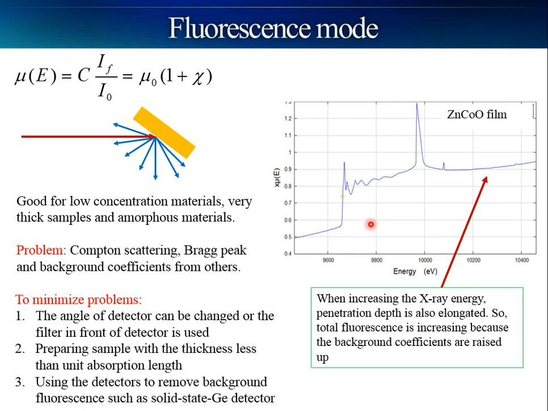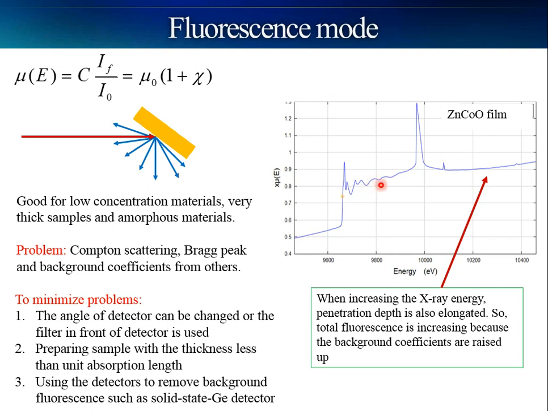This is the fluorescence zinc oxide cobalt SAFS. In contrast to transmission mode, the X-ray signal increases with energy, because as the X-ray energy increases, the penetration depth is also elongated. So the total fluorescence is increasing because the background coefficients are increased.